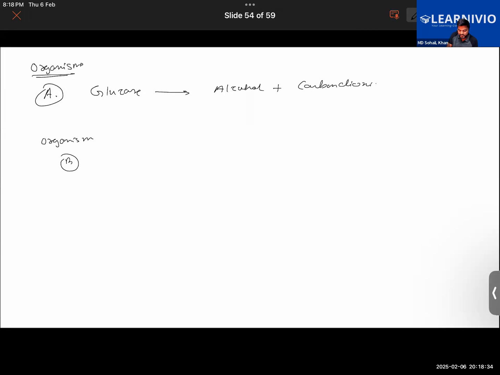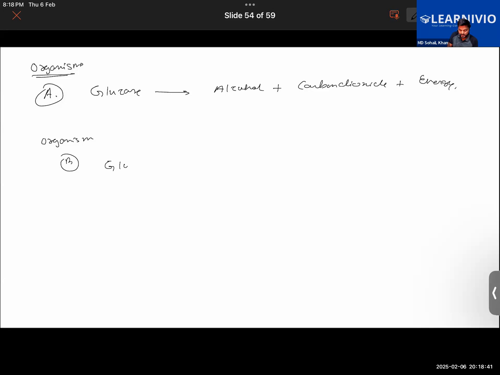Next, answer me this. I will be giving you two reactions. Reaction A is in which glucose is broken down to alcohol. These are the organisms: organism A and organism B. In organism A, glucose is broken down to obtain alcohol plus carbon dioxide, and energy is released.